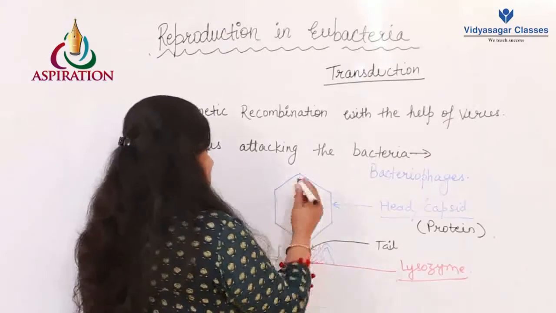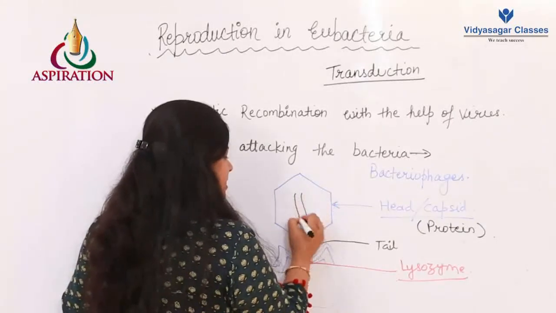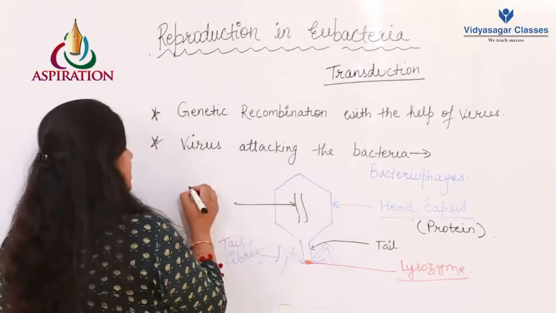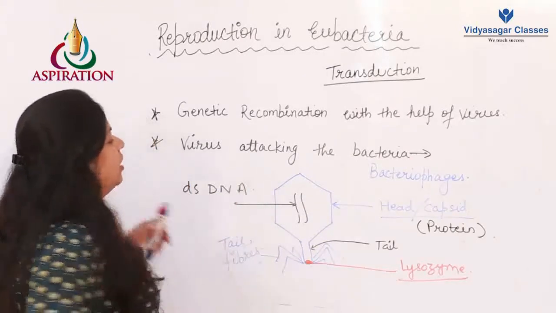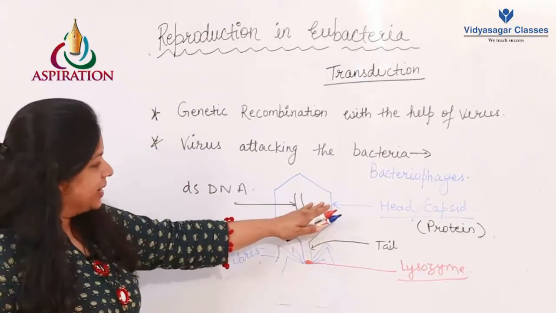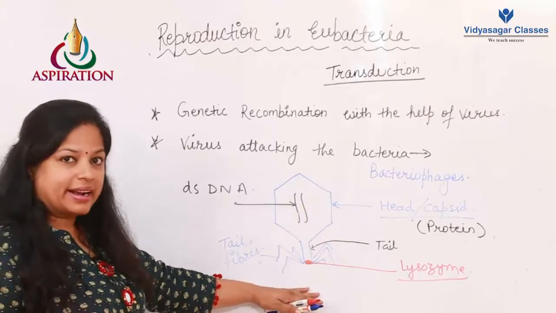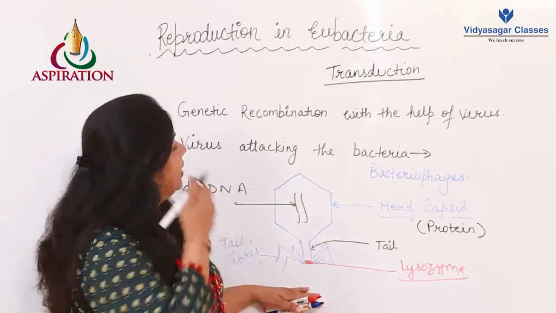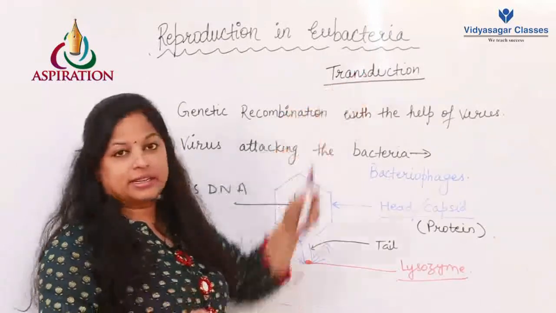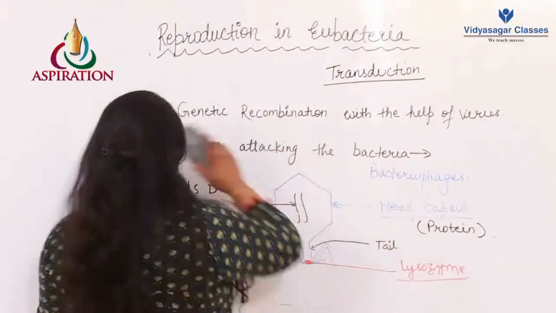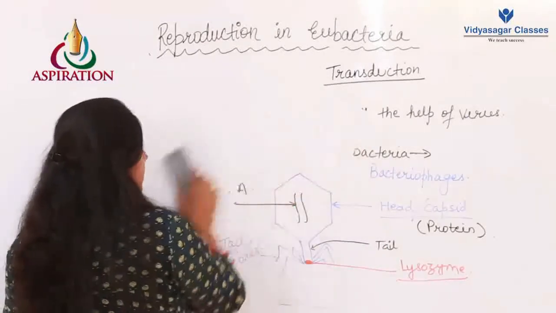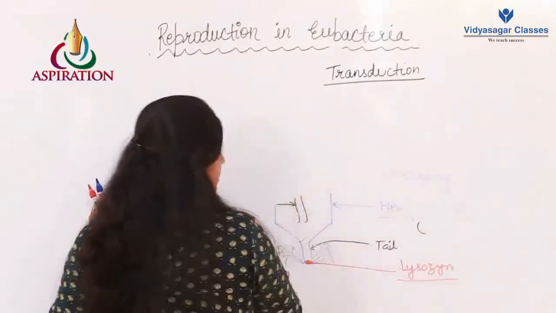The nucleic acid present here is double-stranded DNA. When this virus infects the bacteria, it brings transduction. In a stepwise process, I'll explain how it helps in genetic recombination.